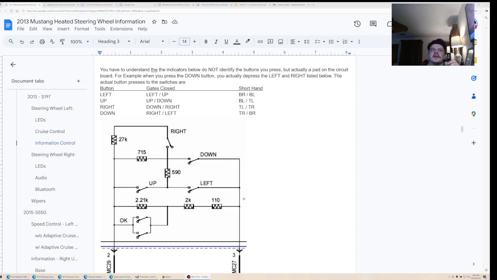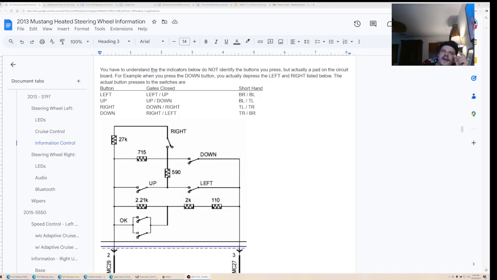When you press right, two of these switches close. So these names here don't actually correspond with the actual buttons, okay? Think about it. When you press left, it is closing multiple different gates.